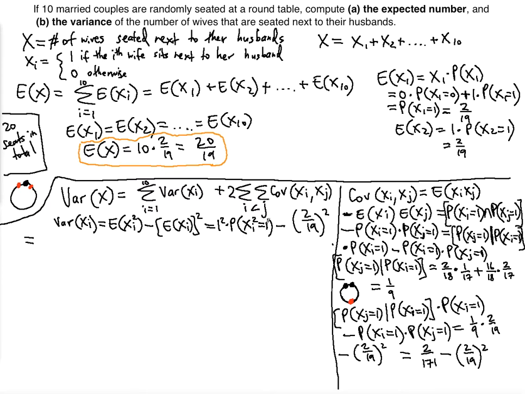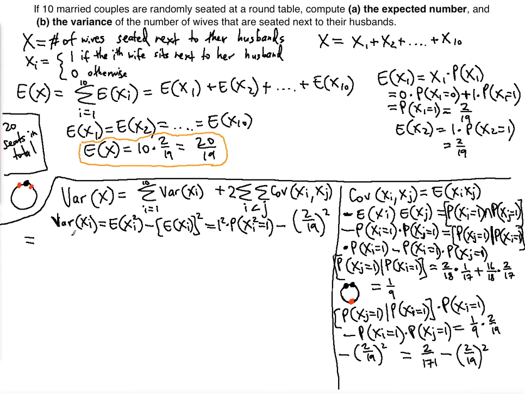So in this case, you're talking about the probability, essentially, that xi is equal to 1 minus 2/19 squared, which is equal to what? 2/19 minus 2/19 squared, right? Because this is equal to 2/19, as we've noticed before.